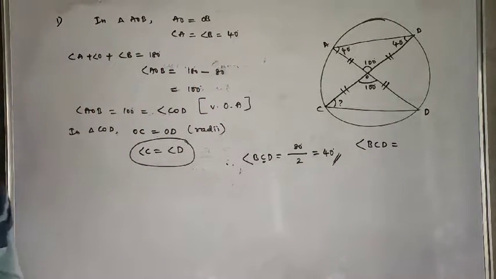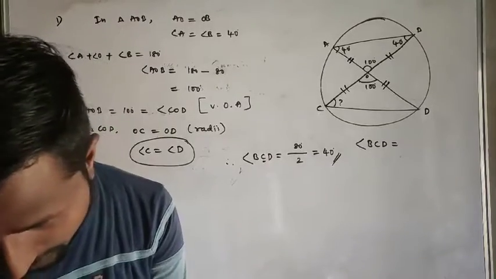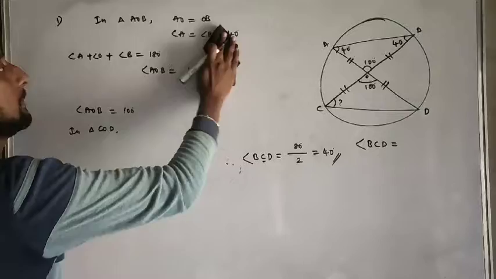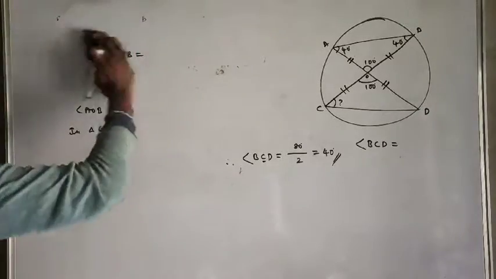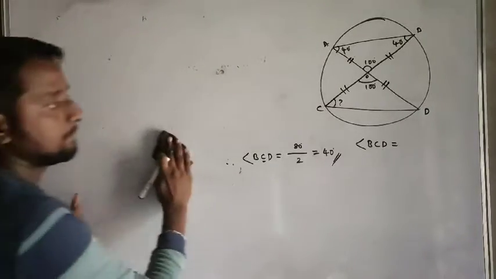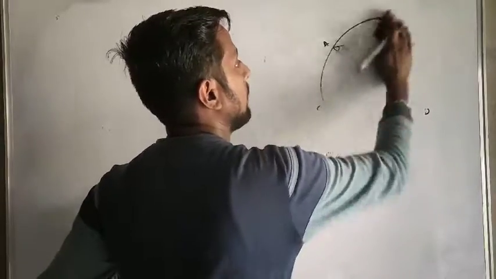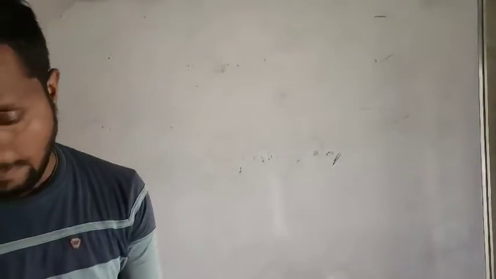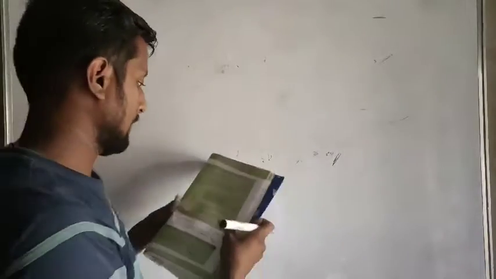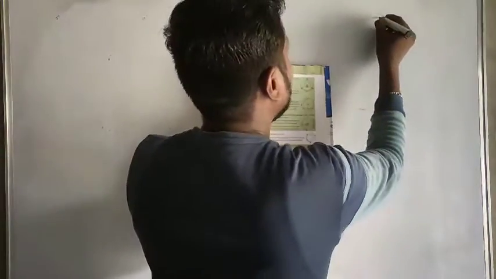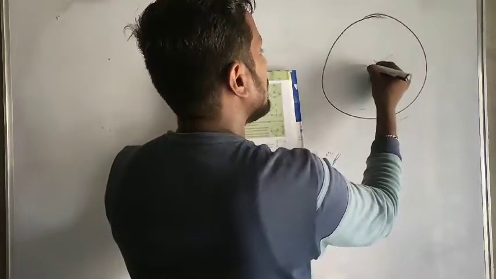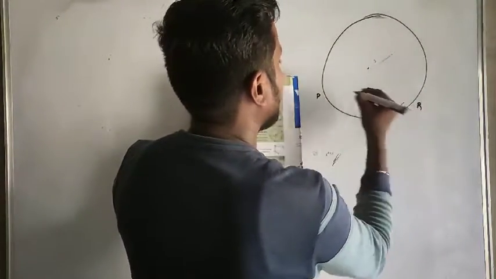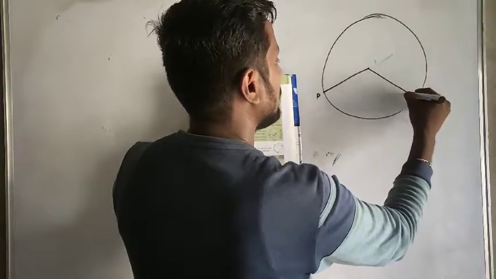Right. Third question. A circle with center O, and P and R are joined to the center.